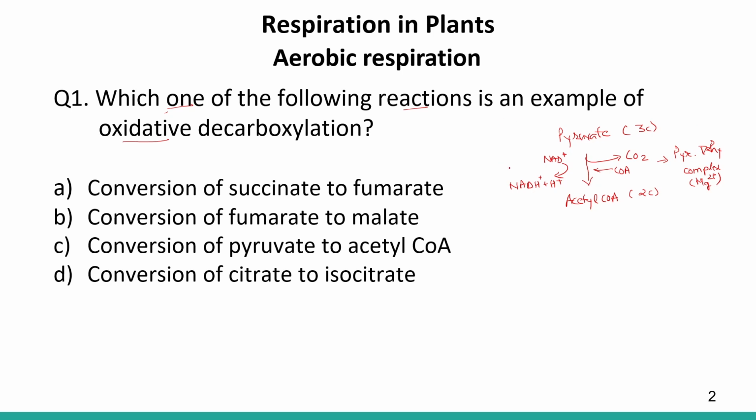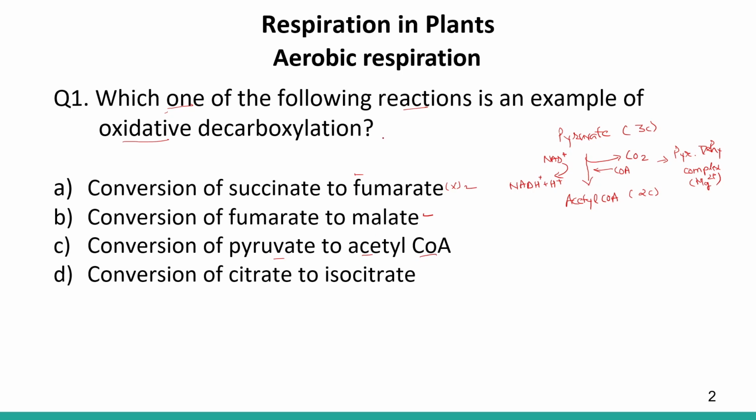So, options are conversion of succinate to fumarate. This is not correct. Second option is conversion of fumarate to malate. This is happening during the Krebs cycle. Conversion of pyruvate to acetyl coenzyme A is known as oxidative decarboxylation.